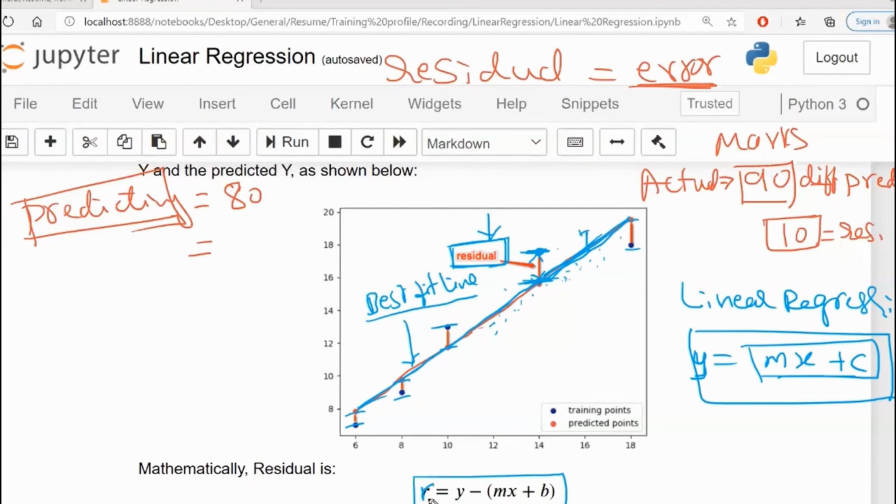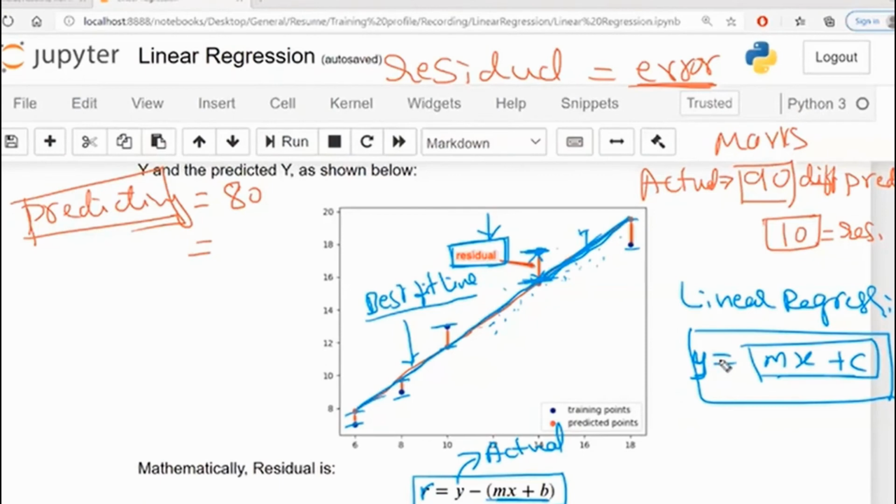This is my actual number, and this is the predicted number. So y is equal to mx plus c. I replace that here: actual minus predicted. This is what we were discussing. The value I get is a residual.